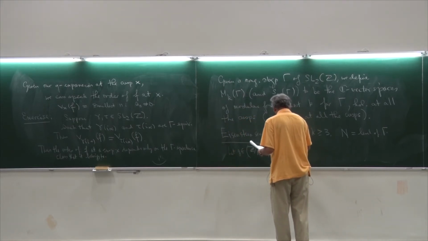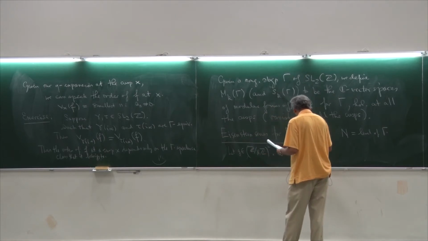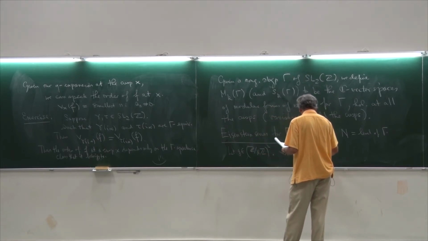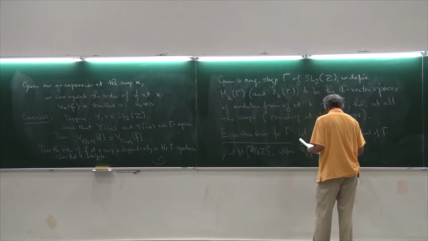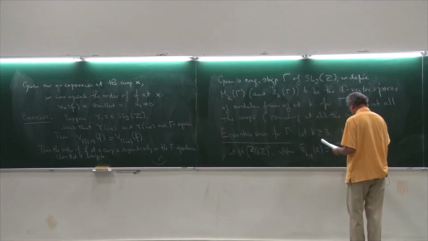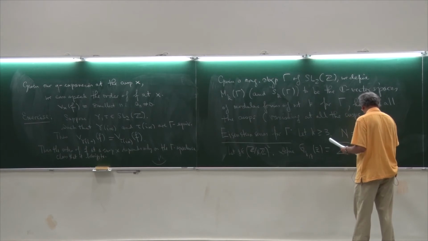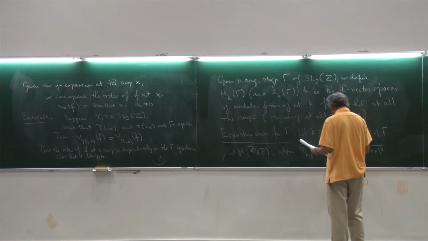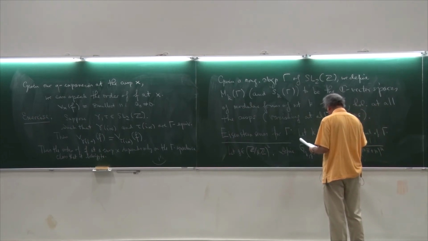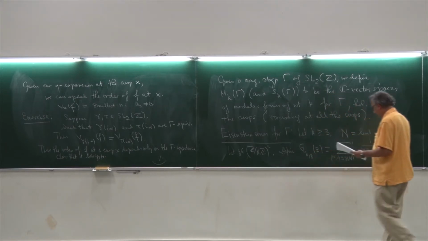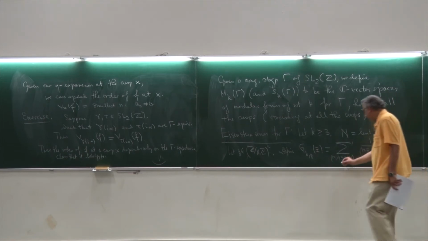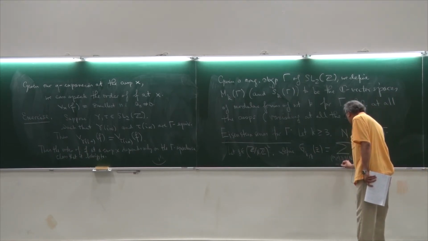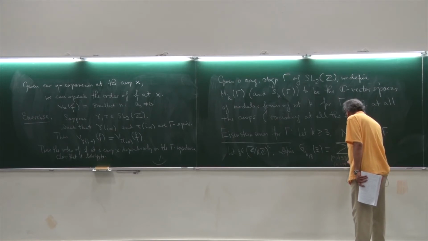Define G sub k comma g of z to be this double series, where (m, n) is congruent to g modulo capital N. And of course, as before, the dash on the sum means (m, n) is not equal to (0, 0).